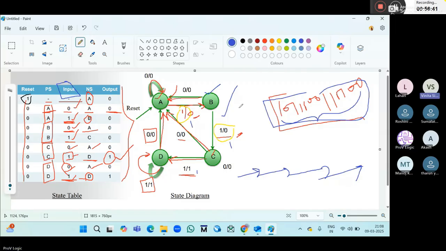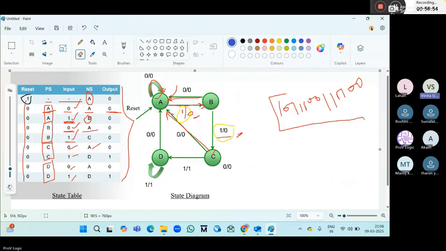One thing, Prasanti: after getting 3 ones in the D state, we got output 1, and then for 0 0 we came again to the A state, and then the 4 ones are there. After that, it will be detected here, 4 ones.